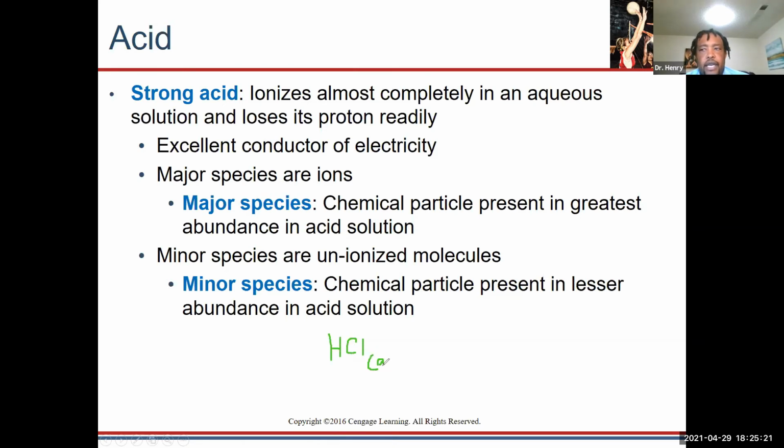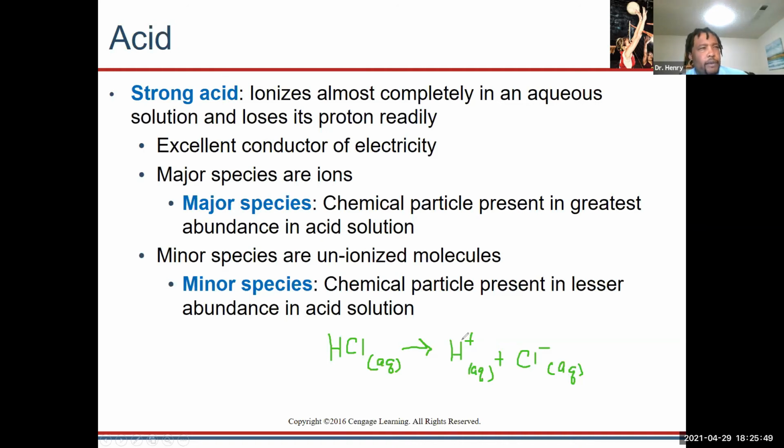When it's aqueous, when it's in water, it's going to dissociate completely, and it's going to form that hydronium ion or hydrogen ion and your chloride ion. So almost everything is going to be that way.